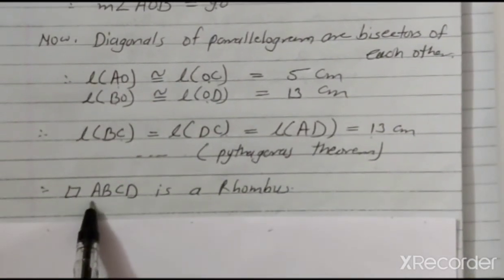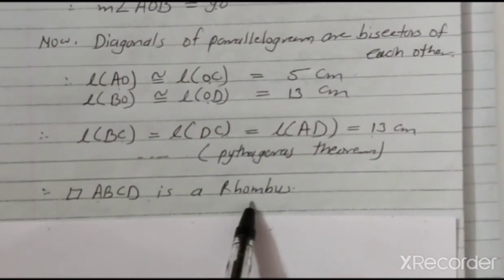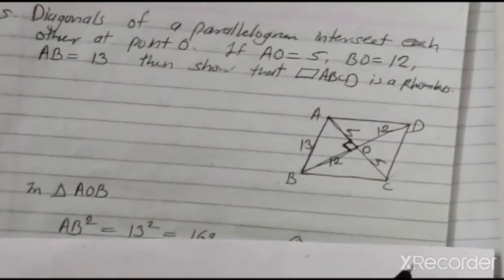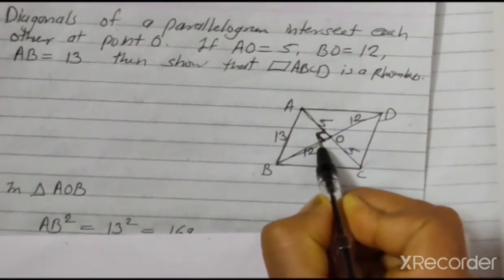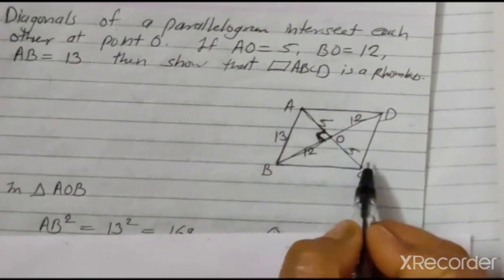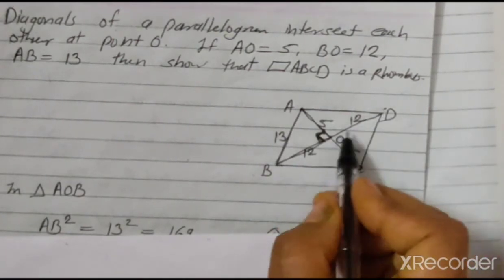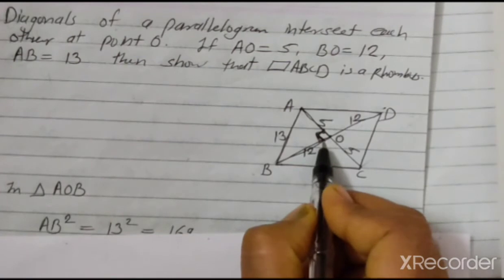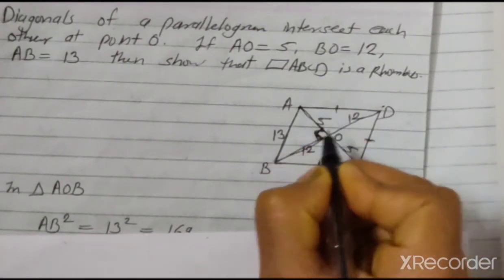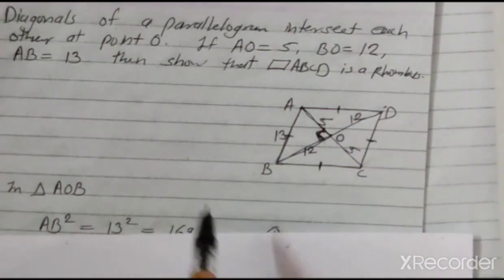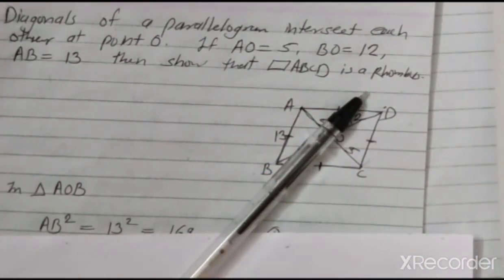So therefore we can say this ABCD is a rhombus because here we get this angle is equal to 90 degree. It means these diagonals are perpendicular bisectors of each other and these remaining sides are also congruent. Therefore this parallelogram is a rhombus.